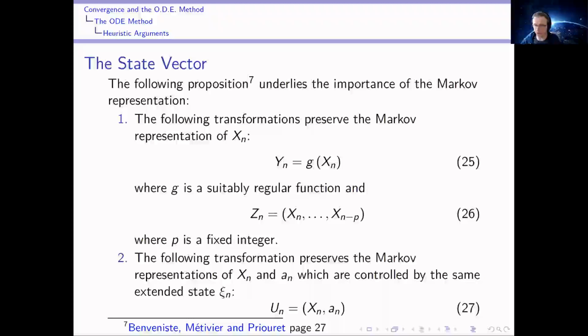So this leads to a minor theorem from the Benveniste text, which captures the underlying importance of the Markov representation to stochastic approximation theory. So it allows conditions for the theory to hold under some important transformations.